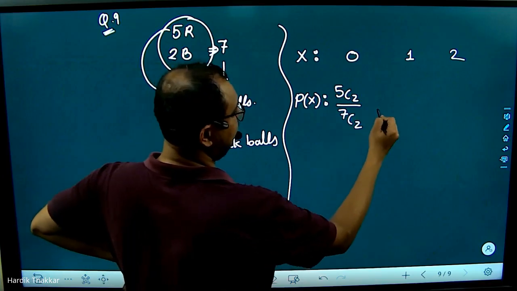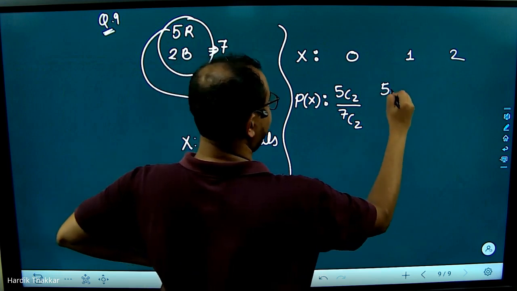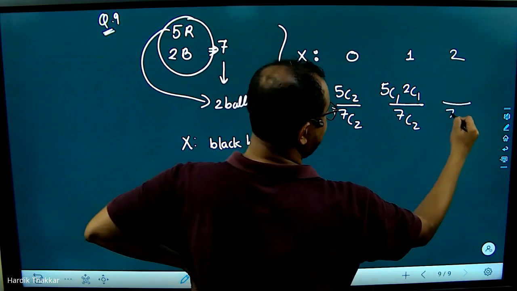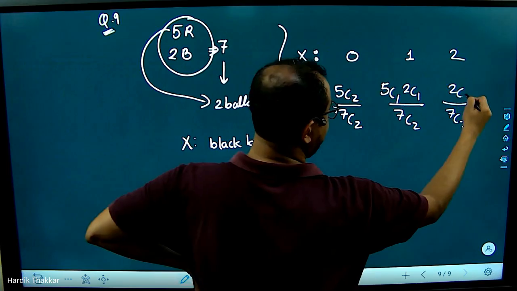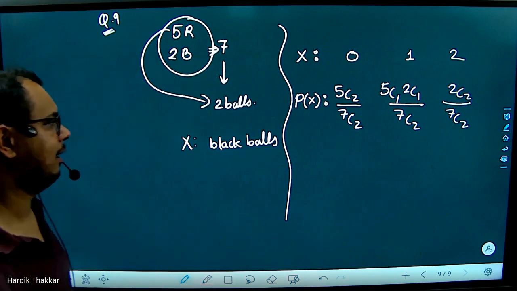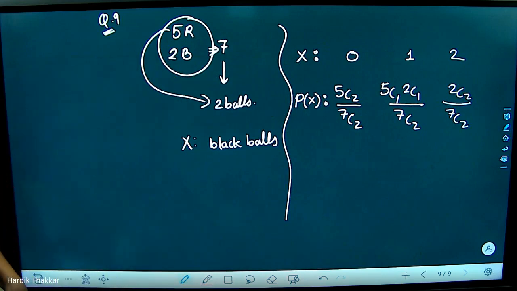Next it will be 5C1 times 2C1 divided by 7C2. And last will be 2C2 divided by 7C2. Further, you will calculate the numerical values and solve for mean and variance.